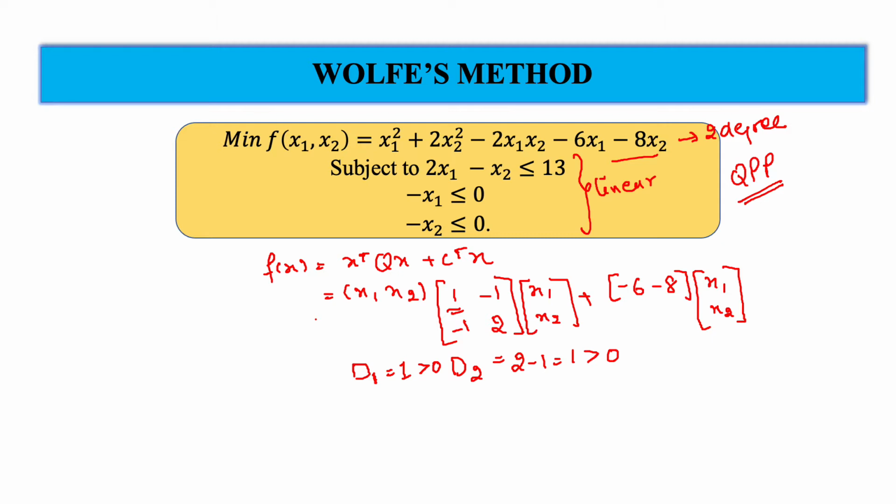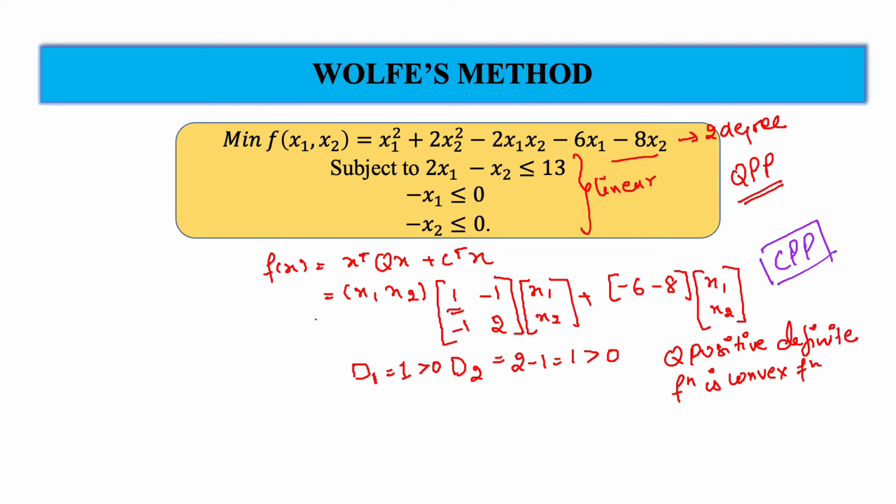Hence this Q is a positive definite matrix, and hence the function is a convex function. So the conclusion is that this is a convex programming problem, so the KKT conditions which we obtain become sufficient.